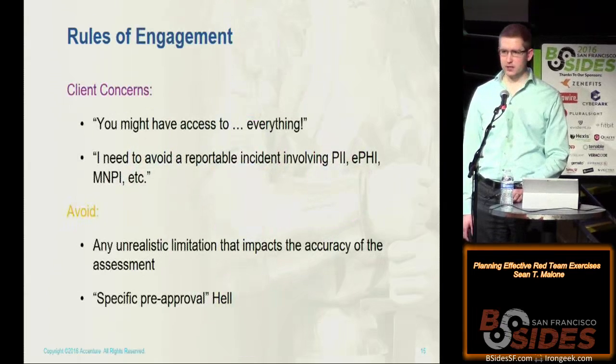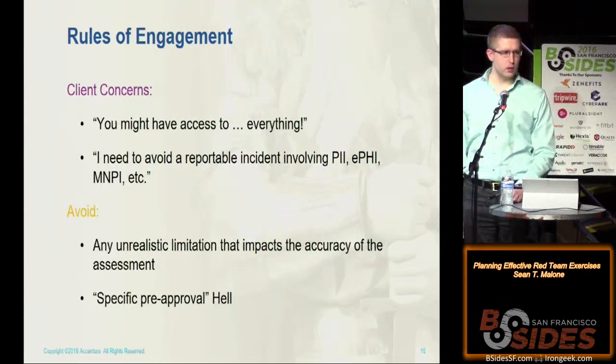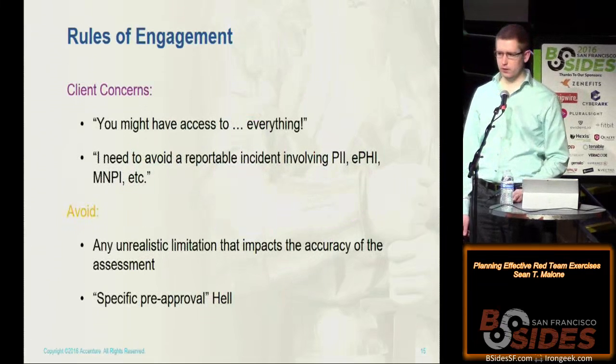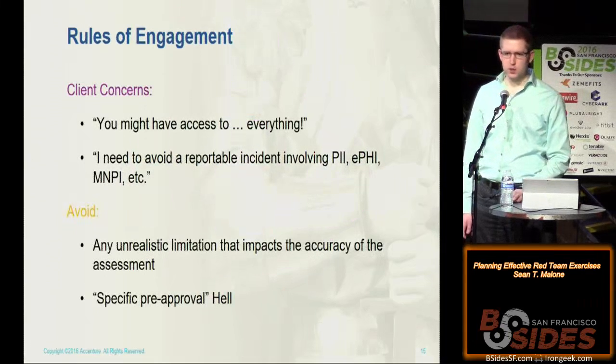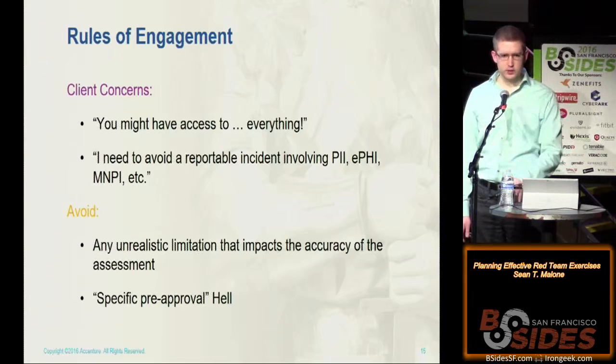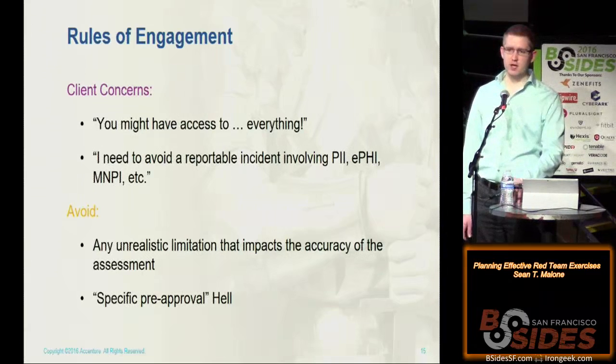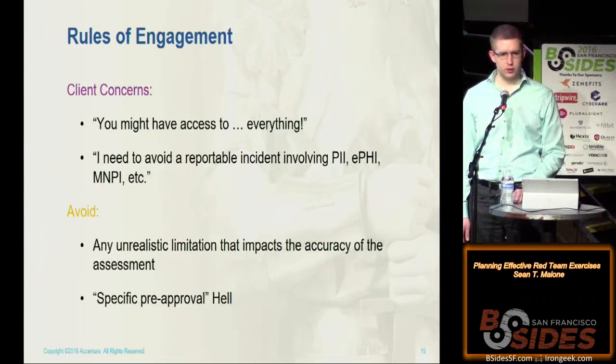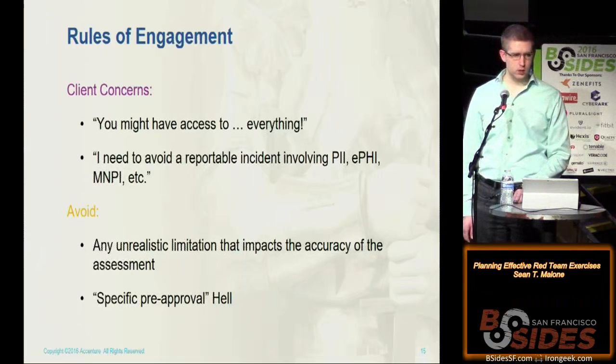This makes a lot of clients very uneasy because it does mean that we have access to everything. If they have mergers and acquisitions data, especially if that's part of the data that's been defined as a component of the objective, we will likely have access to that. We will likely have access to their executives' emails.